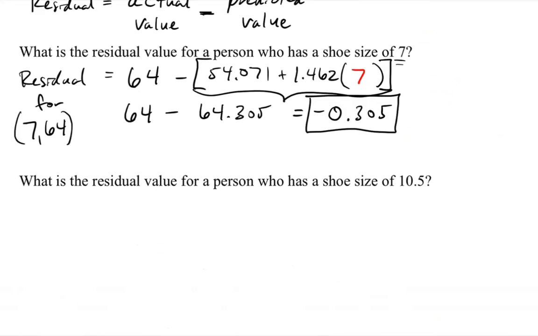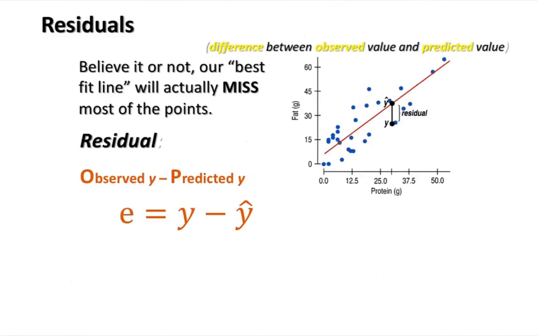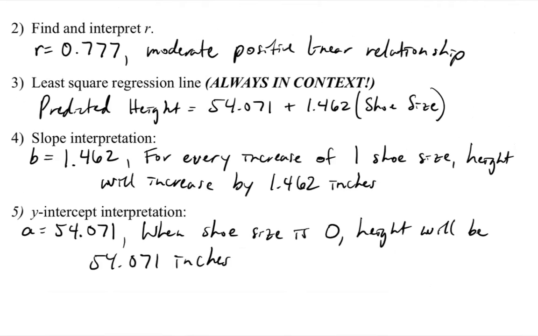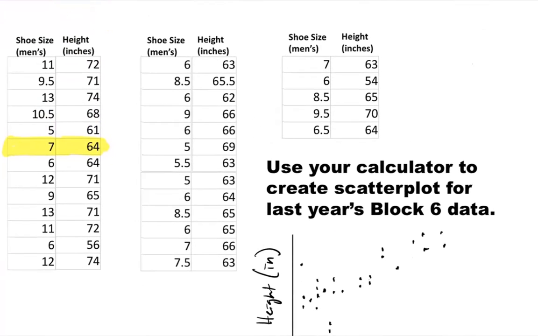All right. So do the next one. What is the residual value for a person of shoe size 10.5? If there's 2 people that have 10.5, choose the first person. So there's only one 10.5. 10.5, 68.